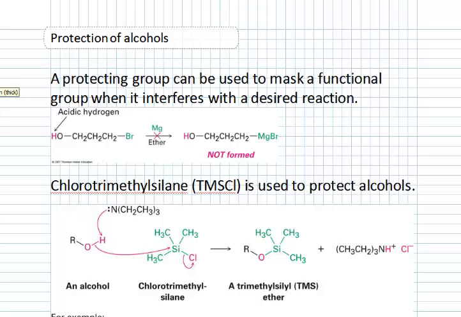In this alcohol chapter, this is a nice opportunity for us to start talking about protection of functional groups. It's very common that we have a functional group that is incompatible with a reaction that we want to run. We had an example of that just right before, where if I'm trying to make a Grignard reagent with this acidic hydrogen, that carbon gets protonated instantly.